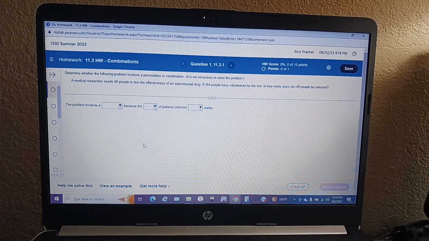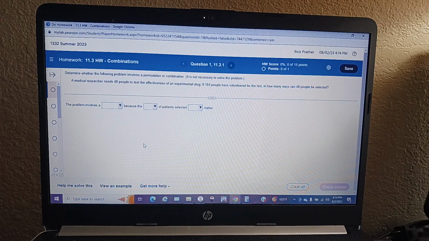In the other two, permutations and combinations, you're not doing one of these and one of those, you're doing so many out of a total. Like here it says there's 48 people that are going to be given an experimental drug, and 104 people have volunteered. How many ways can you select these 48 people? So I'm trying to choose 48 out of 104 people.